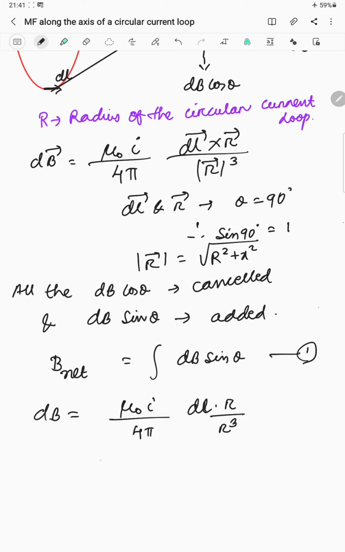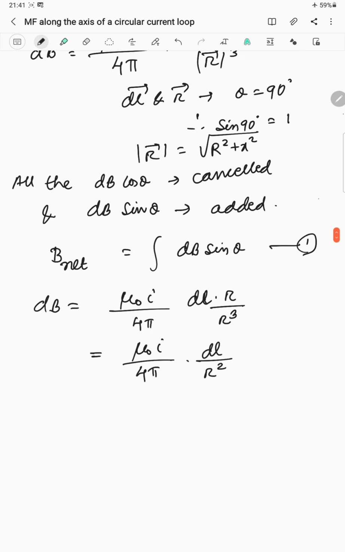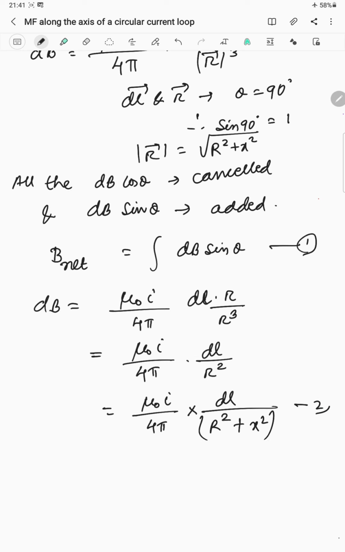So this will come out to be mu naught I by 4 pi, dl by r square. Clear? Now instead of r, I can write mu naught I by 4 pi into dl divided by R square plus x square, where capital R is the loop radius. Let us give it as equation number 2.